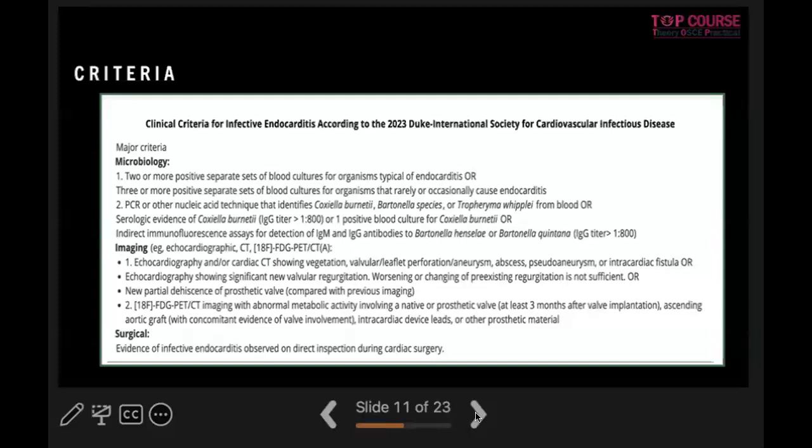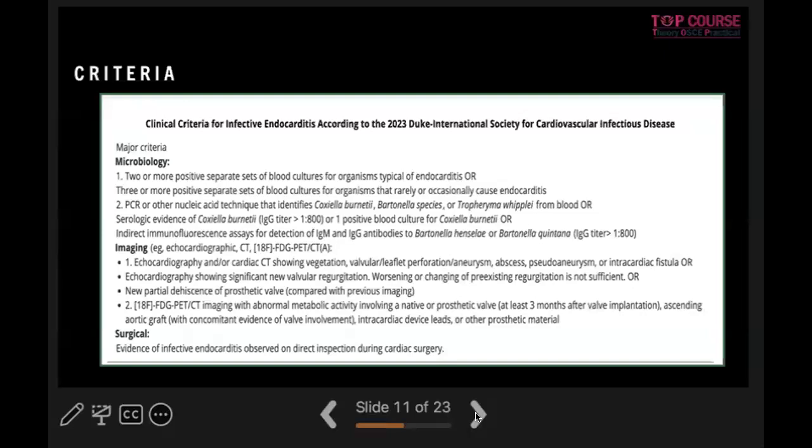Coming on to imaging evidence of infective endocarditis that fits into the major criteria, that is echocardiography or a cardiac CT showing vegetation, valvular or leaflet perforation, aneurysm, abscess, pseudoaneurysm, intracardiac fistula, or an echocardiography showing a new valvular regurgitation or worsening or changing of pre-existing regurgitation, or there is new partial dehiscence of a prosthetic valve.